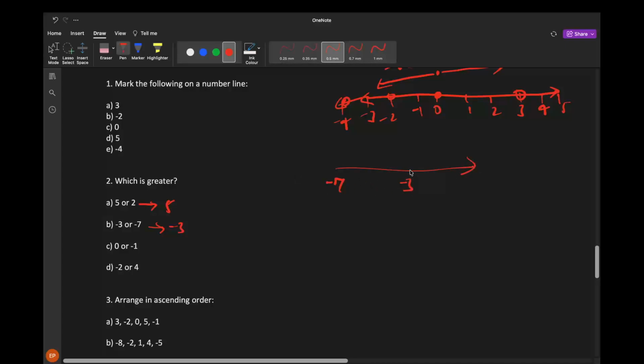In a number line, minus 3 comes here, minus 7 comes here. So it is smaller. So the greater value is minus 3. 0 or minus 1? Minus 1 is small, 0 is the bigger one, right? So 0. Minus 2 or 4? Obviously 4, because minus 2 comes here, 4 comes here. So the right side is the bigger value.